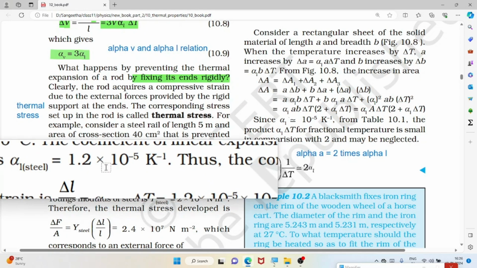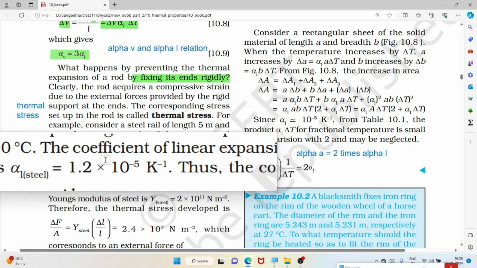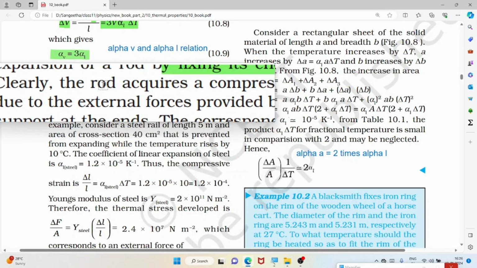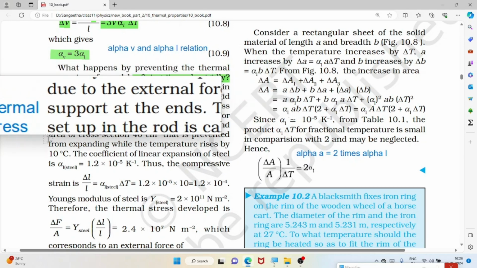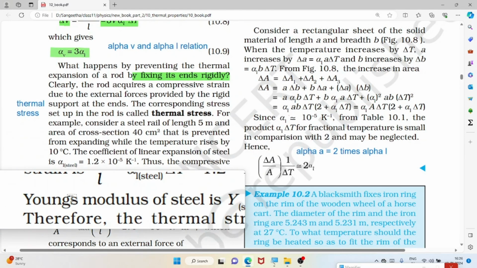It means a thermal stress will be developed in the material, because you are not allowing it to expand freely.